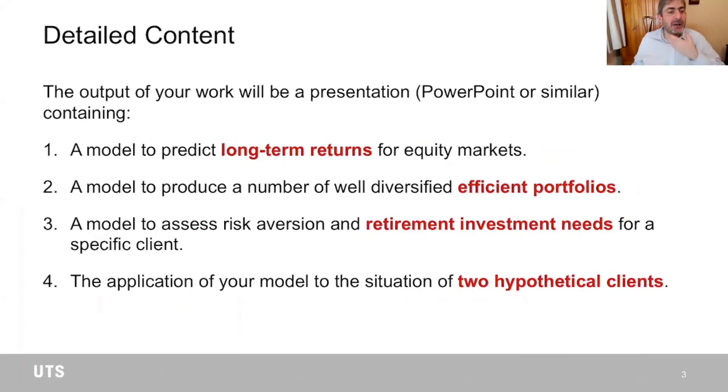Now, the detailed output is the following. Okay, I keep saying PowerPoint. It's not PowerPoint, it's a Word document with the model to predict your long-term returns for equity markets. So basically, you will explain to your client how you forecast the long-term returns, a model to produce the efficient portfolios, and a model that assesses the risk aversion of every client and gives them the optimal portfolio.